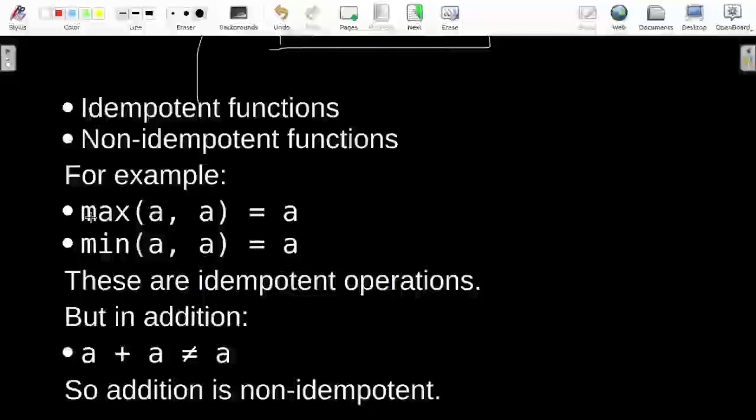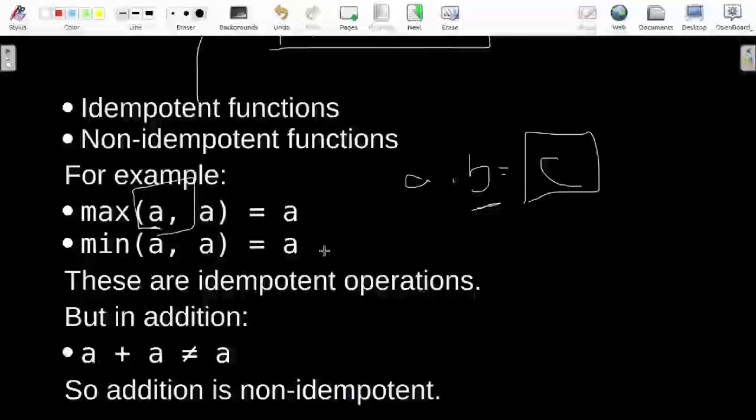For example, if we have a, the max of a won't change if you keep putting the same input. Let's say max of a comma a will be a. It doesn't matter how many times you give a as an input, the value will always be the same. Let's say with a you give b and its max is c. Now it doesn't matter how many times you give b as an input, its max will always be c. Similarly for minimum and GCD.